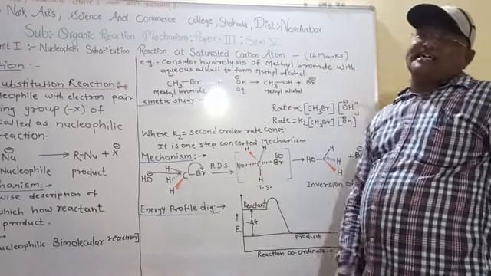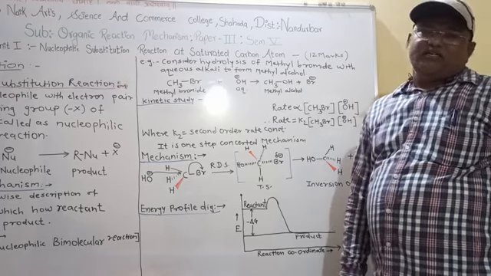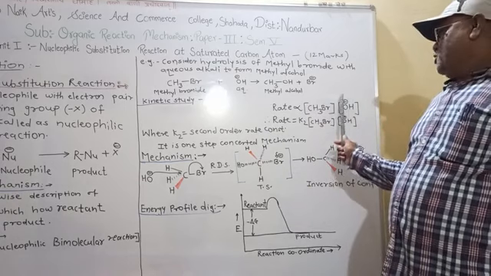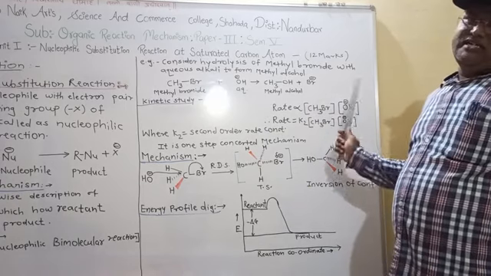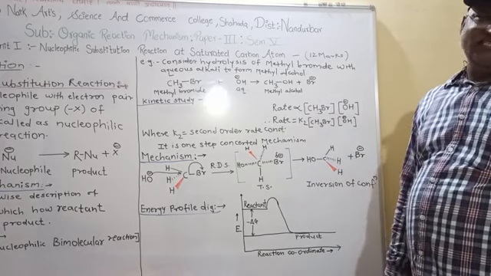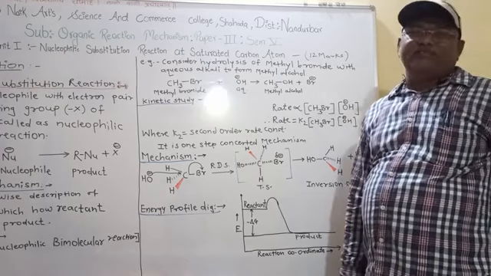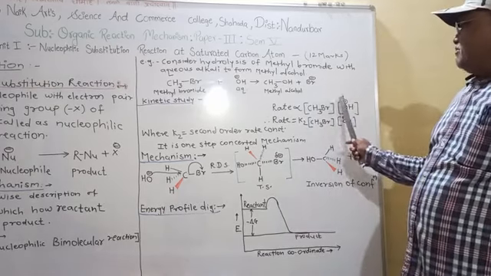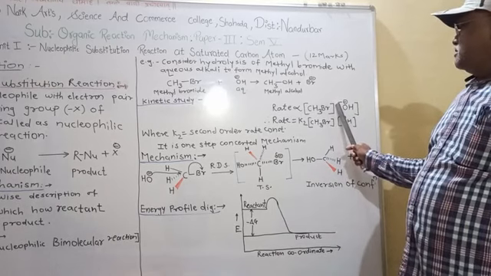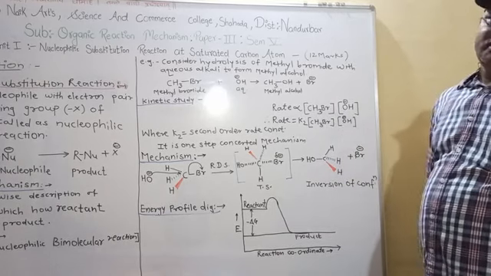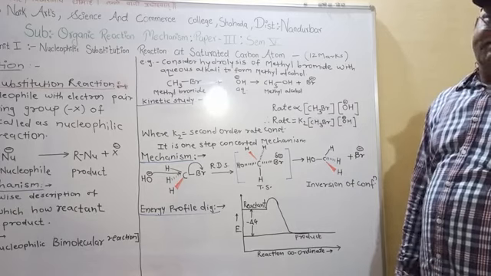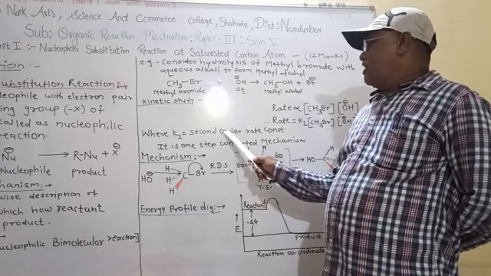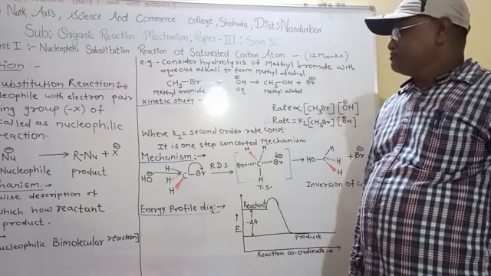Why it is called as second order reaction? What is meant by order of reaction? The sum of exponents of the square brackets is called as order of the reaction. Now here the one molecule of methyl bromide plus one molecule of nucleophile OH takes part in reaction, hence it is called as second order reaction.